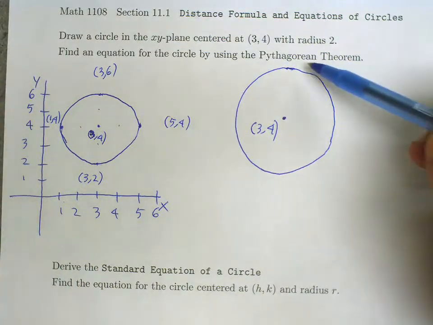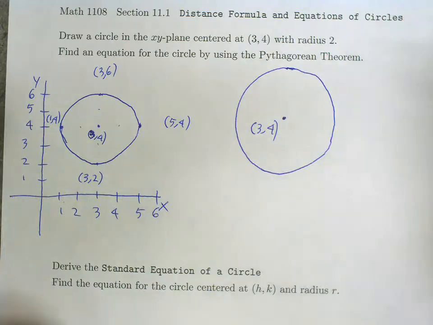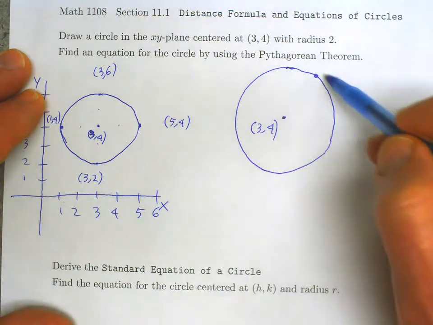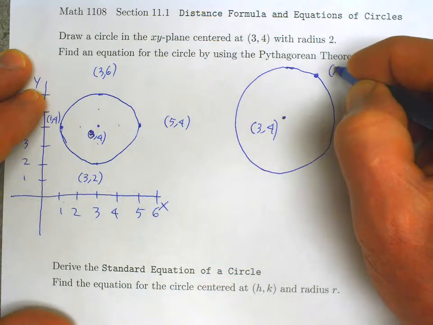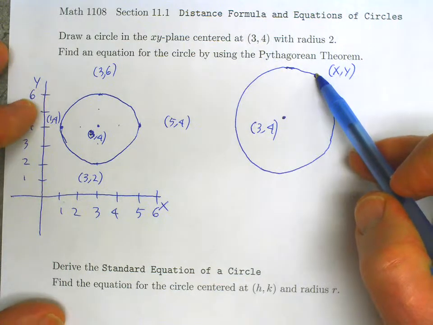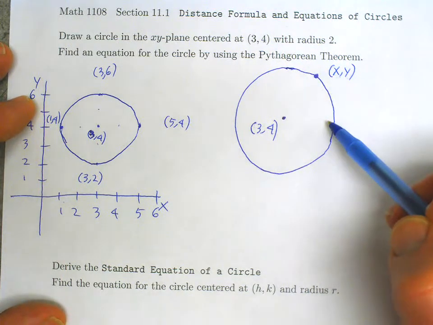And then I'm going to pick a point on the circle. It doesn't matter where I pick it, but some points are more convenient than others. And since a point on the circle varies, I'm going to label this point with x comma y. So x represents the x coordinate and y represents the y coordinate of any point on the circle.